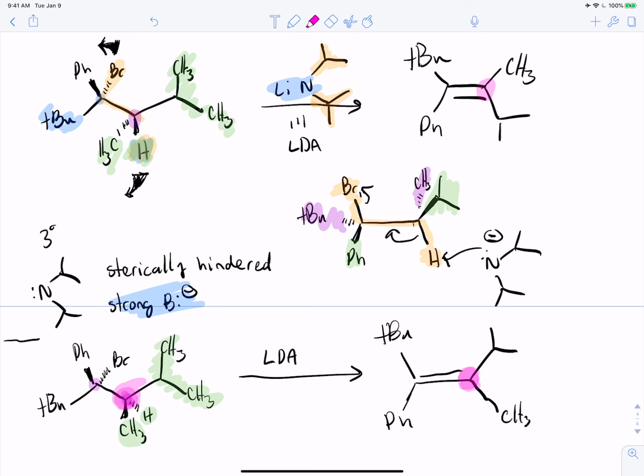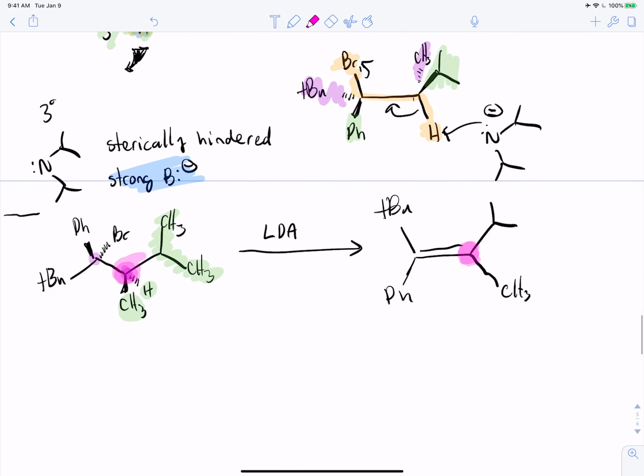Because now when you line up everything for it to be antiperiplanar, I might as well just draw it out. Now when you line everything up to be antiperiplanar, you'll note that the isopropyl group is now on the back bond, and nothing has changed on the other side.